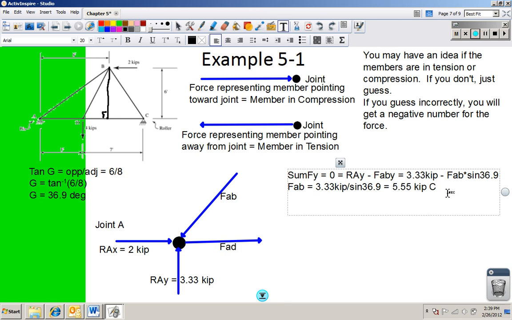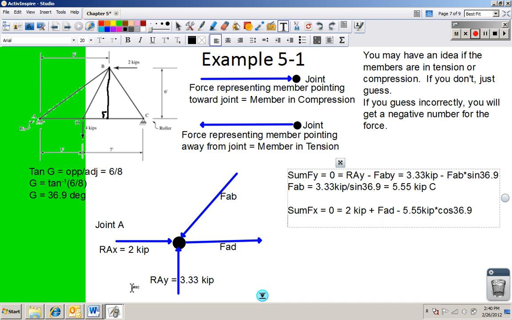Okay, so now let's go back and do sum of forces x, because I know RAX, I know FAB, so I can find FAD. This is equal to 0, not O, 0. Okay, and so that's going to be 2 kips plus FAD minus FAB, well, we know that's 5.55 kips, times the cosine of 36.9.